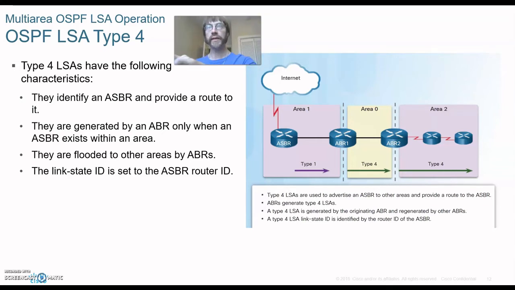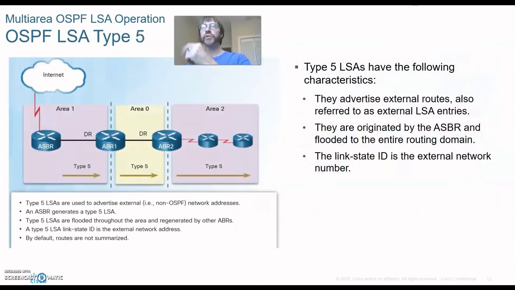The information about that gateway goes from the ASBR to the ABR as a type 1. The ABR takes that type 1 LSA and turns it into a type 4, and it will go all the way to the other side of the network as a type 4. So this is more ABR to ABR traffic.